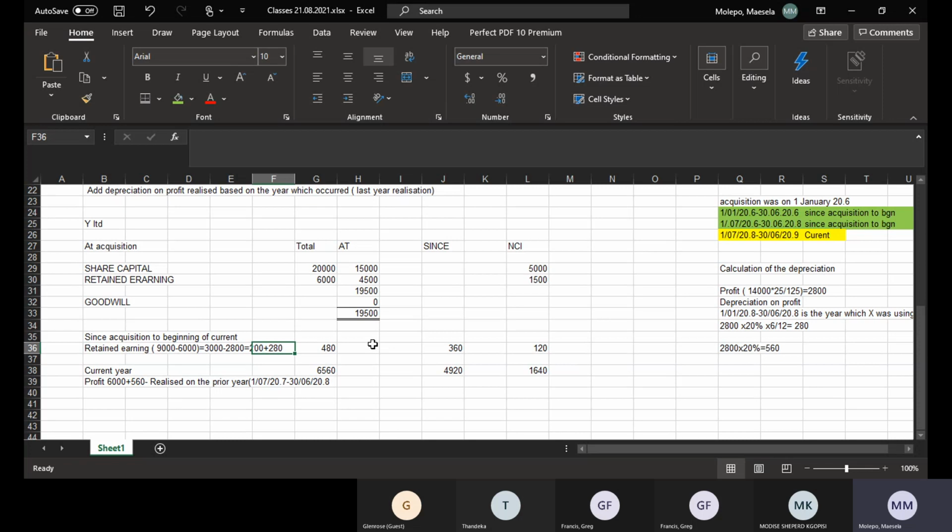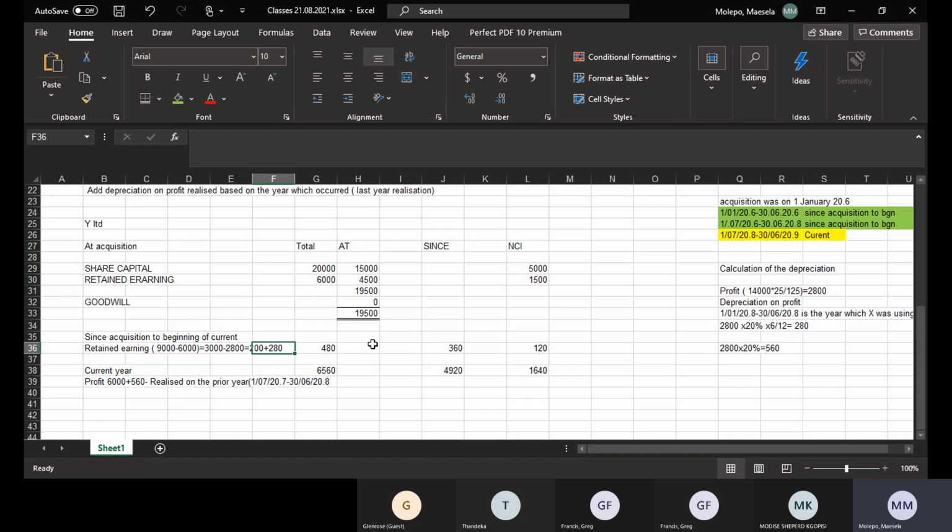When we add the 560 and the 280, they give us the 840. And then the 120 comes from the NCI, since acquisition to the beginning of the current year, the retained earnings part.